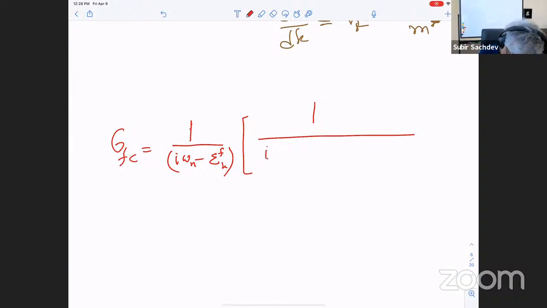So that'll be i omega_n minus epsilon_K without the F, minus mod Q squared over i omega_n minus epsilon_FK, and then there's a factor of Q bar somewhere.